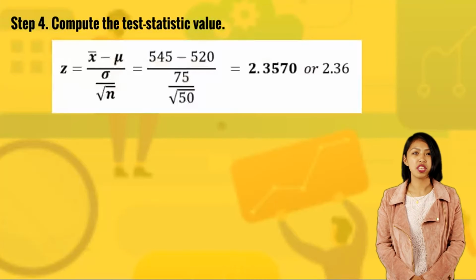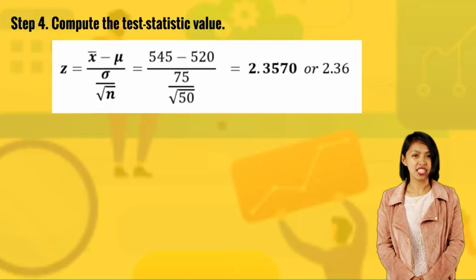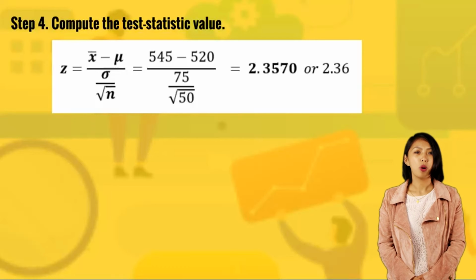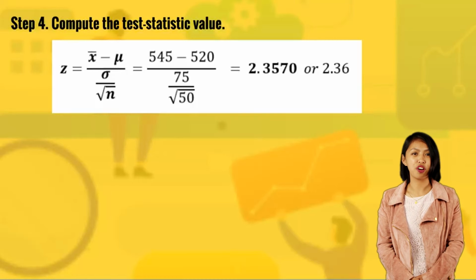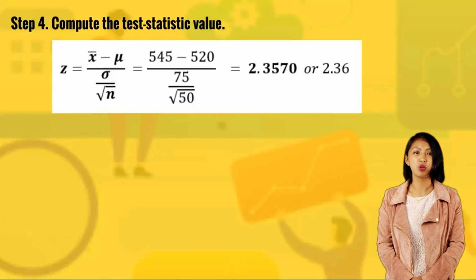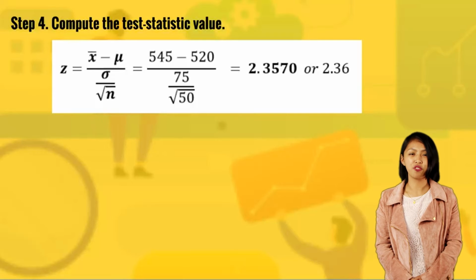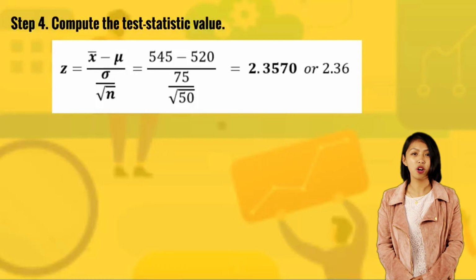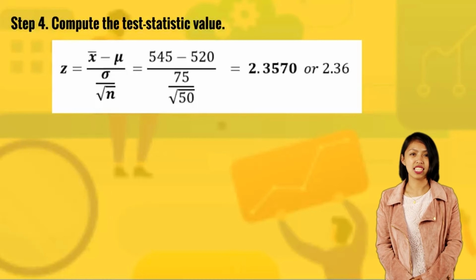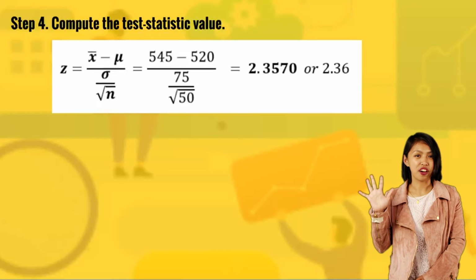We substitute the given to the formula for z-value, that is 545 minus 520 all over 75 divided by square root of 50, which is equal to 2.357, or 2.36.